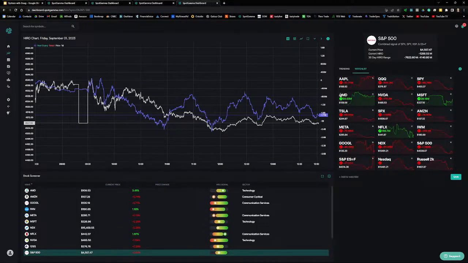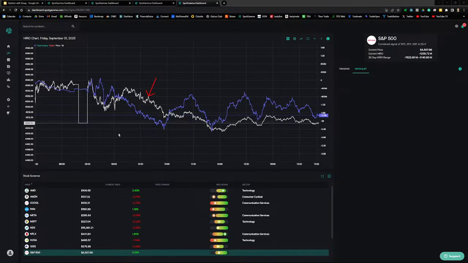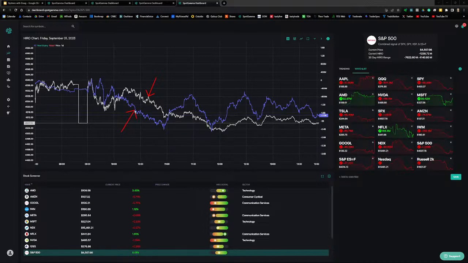All right, so this is the S&P 500 hero signal. This is from SpotGamma, provided to SpotGamma subscribers. This chart is showing hedging flow. This chart is showing price for SPX, and then options trades and market maker hedging activity for a combined signal for SPX, SPY, XSP, and ES futures.